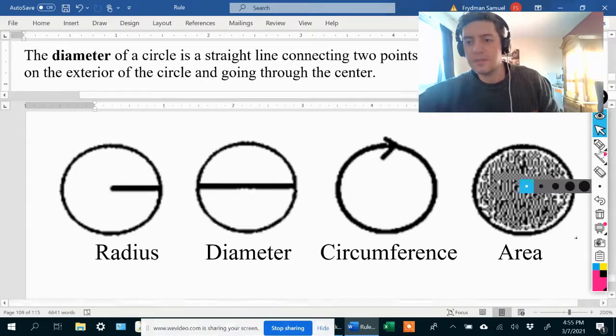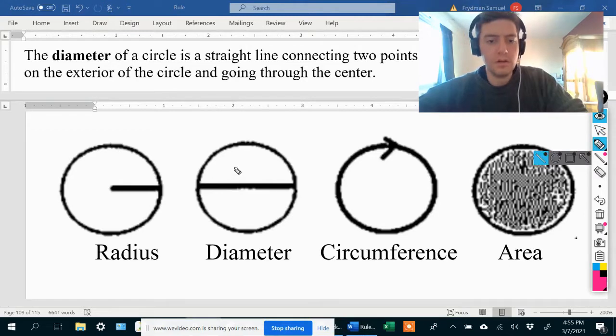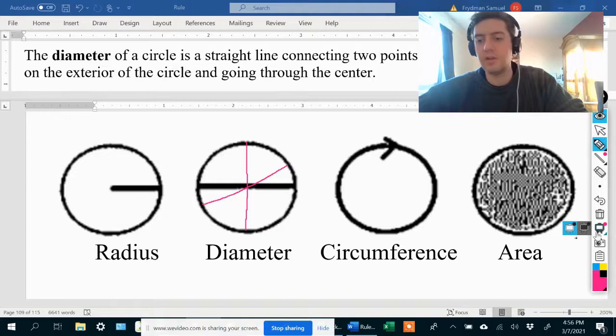Now if we were to do it vertically, that would also be a diameter. That's fine. Or diagonally, that's fine as well, as long as it's a straight line going through the center, okay, and connecting 2 points of the exterior.